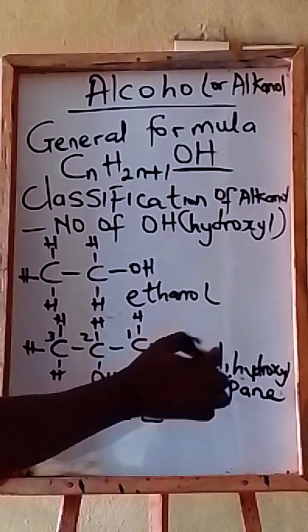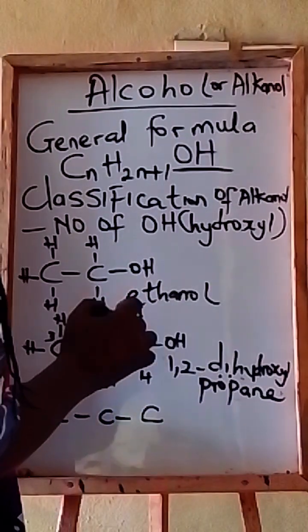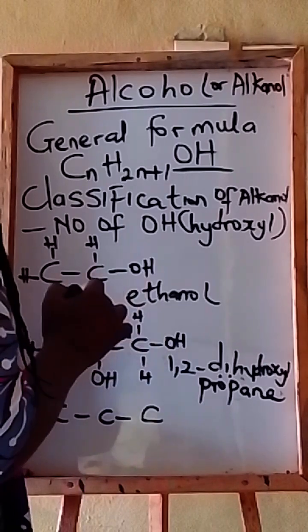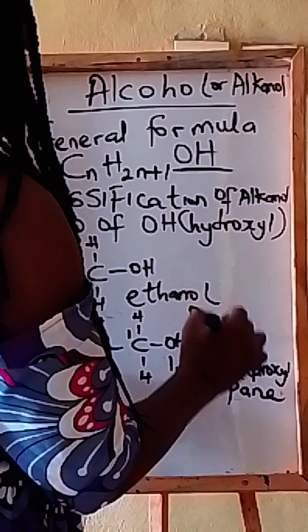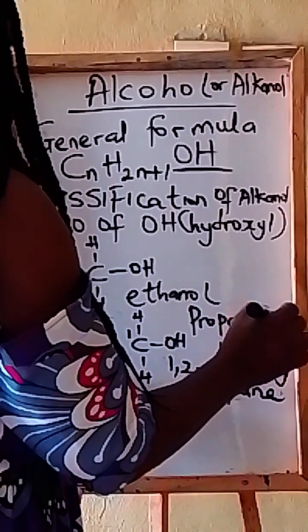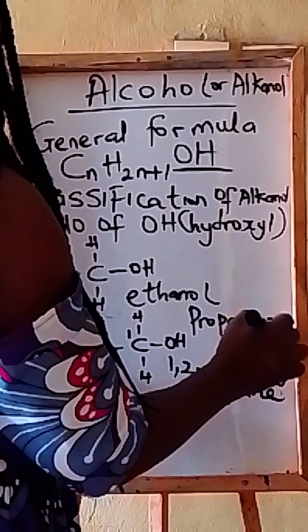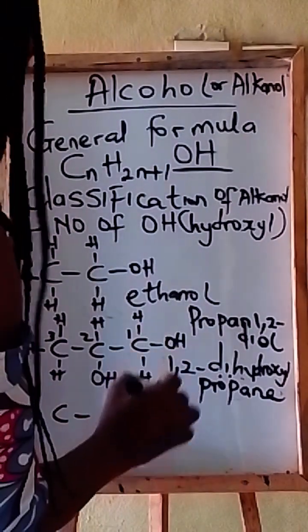Another name for this, you don't call it dihydroxy propane. You call it 1, 2. So we call it propan-1,2-diol. Propan-1,2-diol, 1,2-dihydroxy propane.